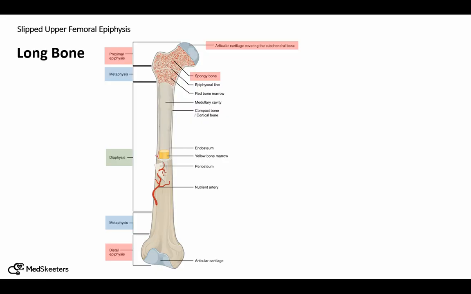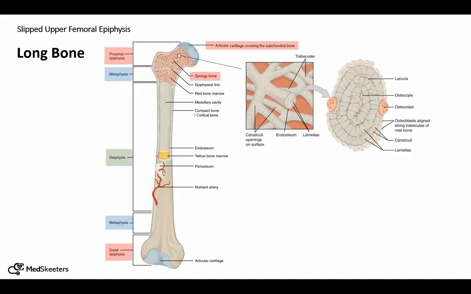The main functional unit of this type of bone tissue is called trabecula, which forms a structural framework of the bone. The space between the trabeculae contains red bone marrow, which undergoes hematopoiesis.